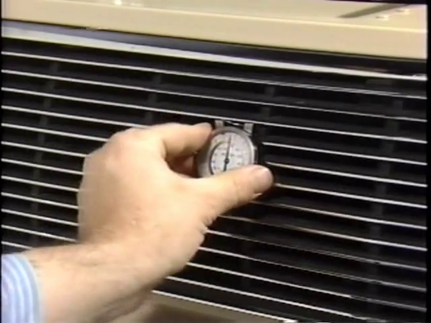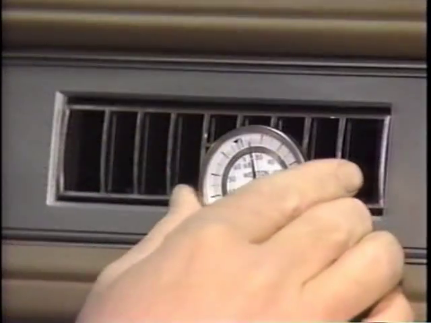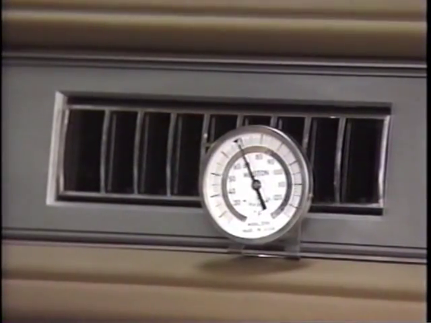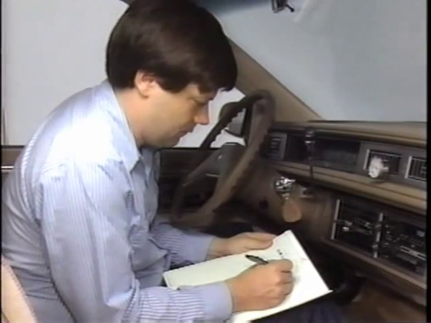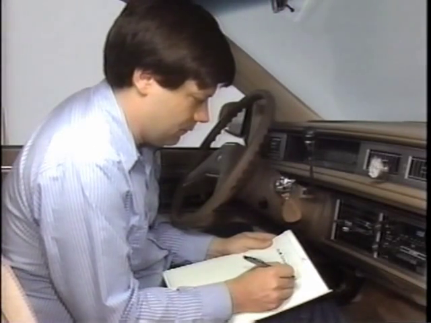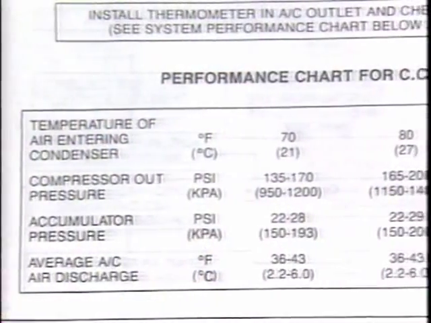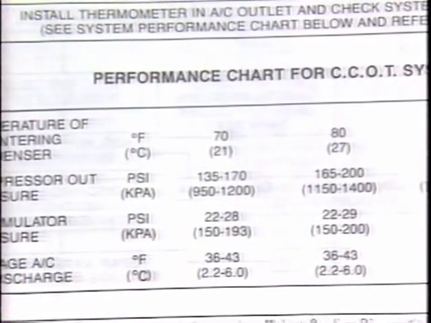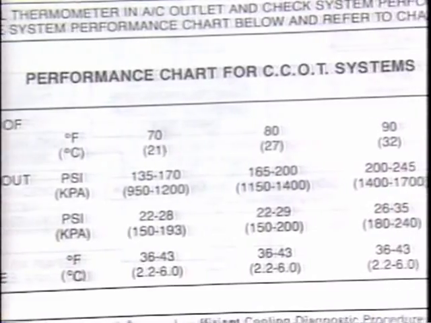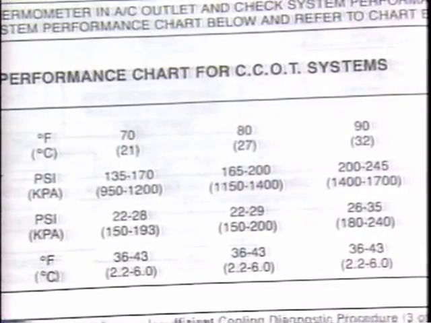Place 1 thermometer in front of the condenser and the other in the center AC discharge outlet. Record the thermometer readings and the manifold gauge readings, and compare them to the specifications in this performance chart found in the Buick Chassis Service Manual or in your know-how reference manual.